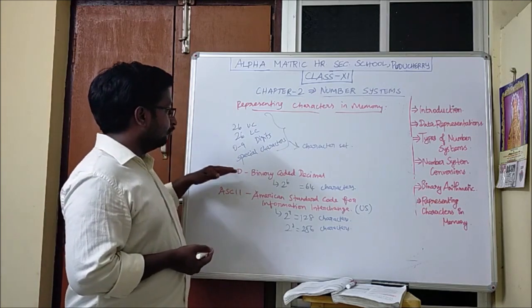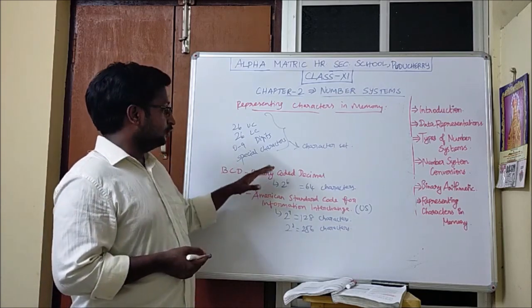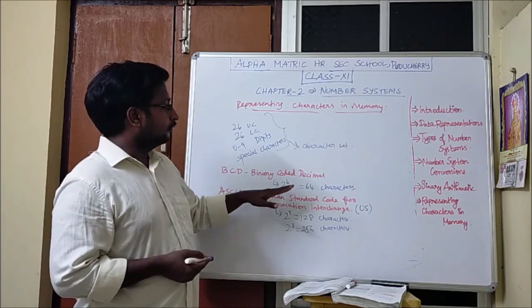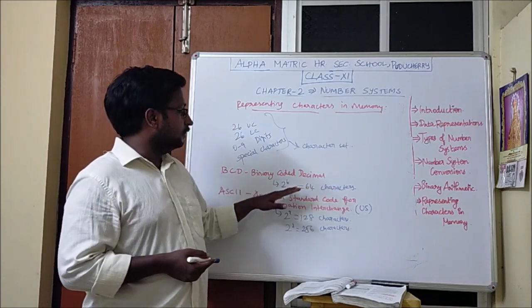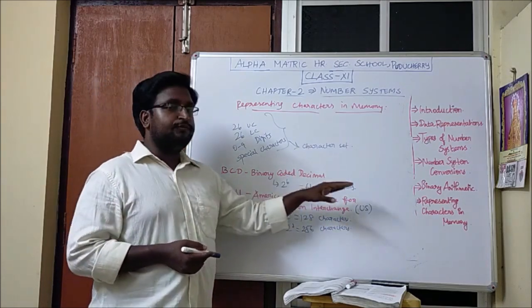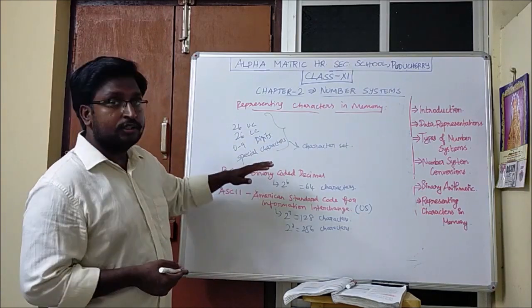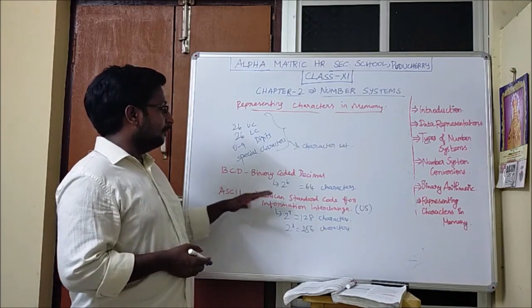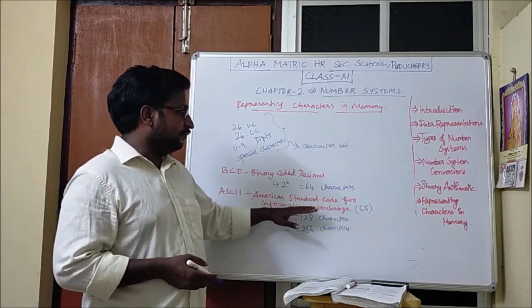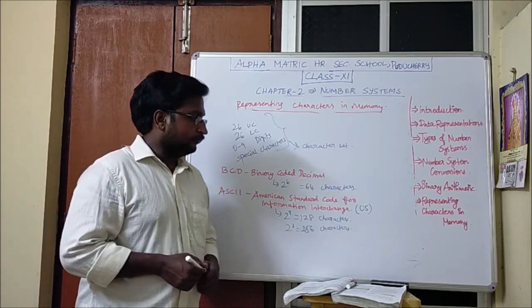First, the Binary Coded Decimal, BCD. It is currently inactive. It can encode a total of 2 power 6 characters, that is 64 characters at a time. Currently it is not in use. Later, ASCII, that is American Standard Code for Information Interchange, mainly recognized in the United States.